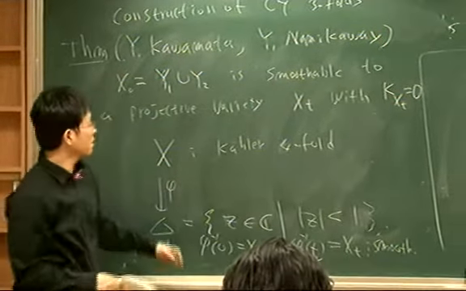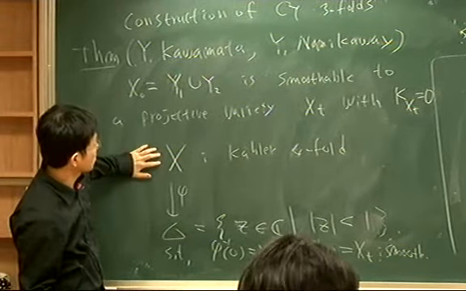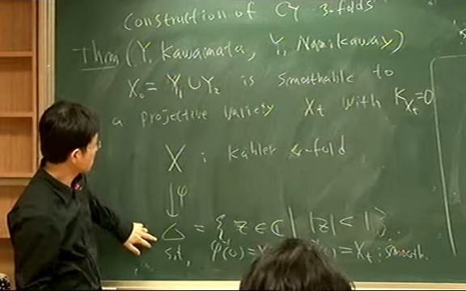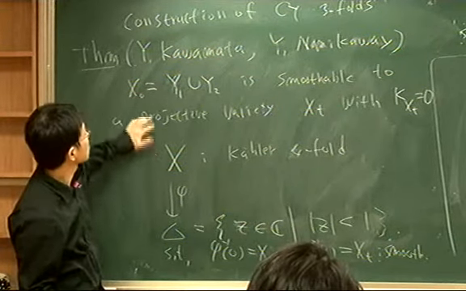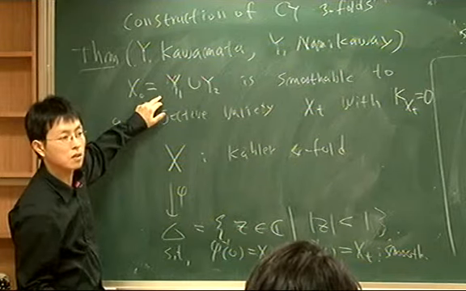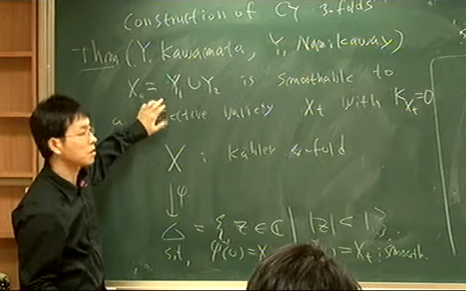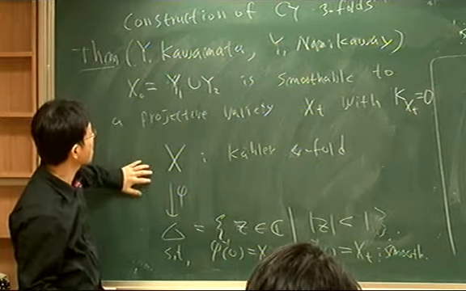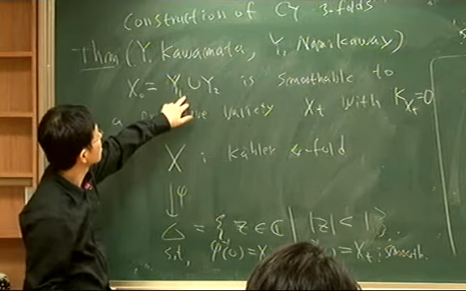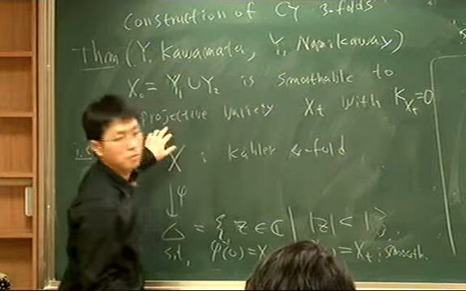So the central fiber is this singular variety and the generic fiber is a smooth one.